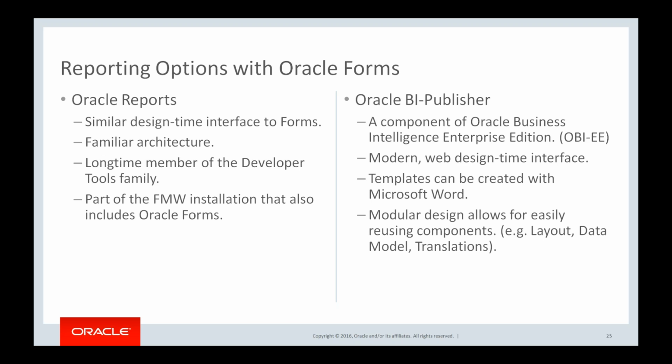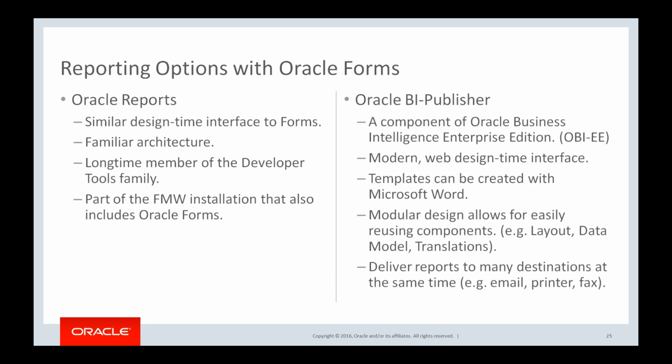But probably one of the coolest features, at least from my point of view, is this last one, where you have the ability to deliver to many destinations at the same time when you run the report. This really has nothing to do with integration with Forms, but I do think it's an interesting feature that BI Publisher offers.